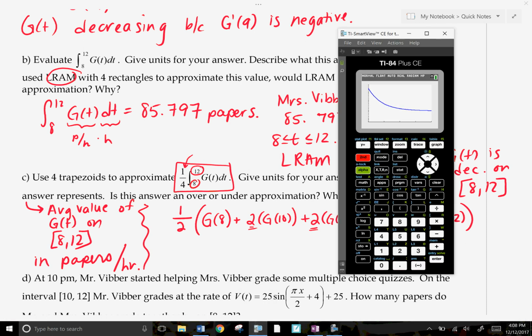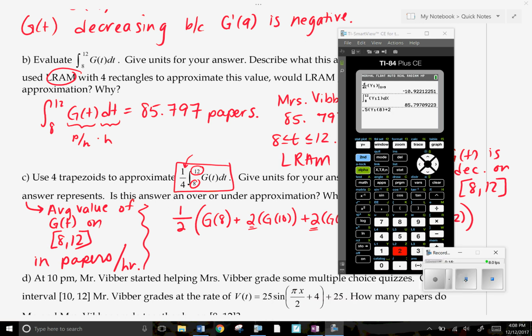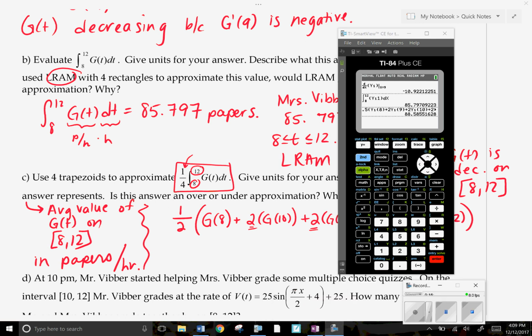I'm going to actually do this here on my home screen. So I have 0.5 alpha trace g of 8 plus 2. I'm going to pause because I know you're bored watching me type. Okay, I typed it in. I got 88.585, which seems reasonable because the exact value was 85.797.